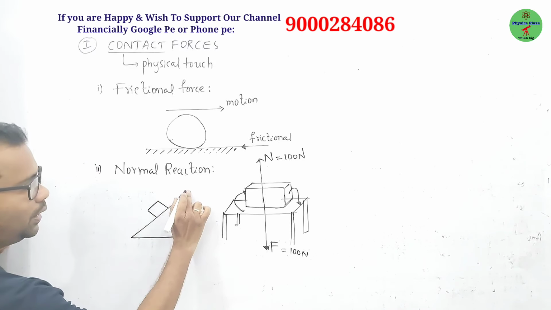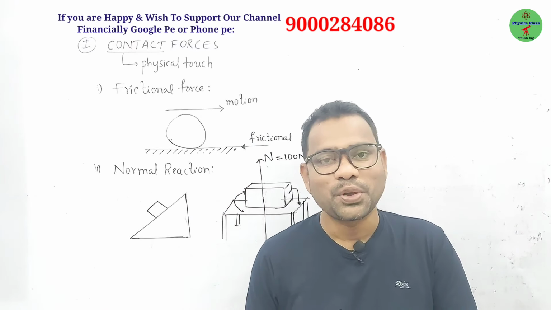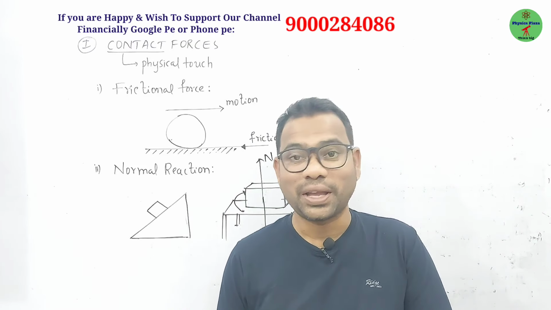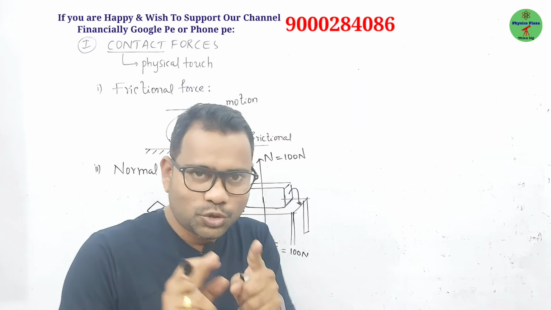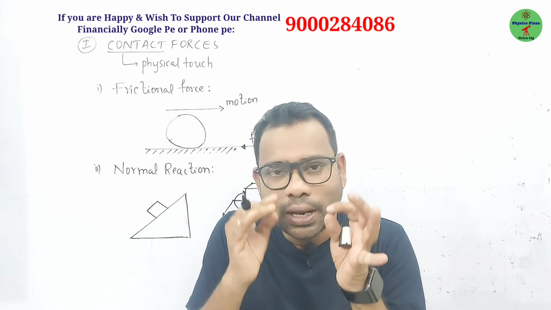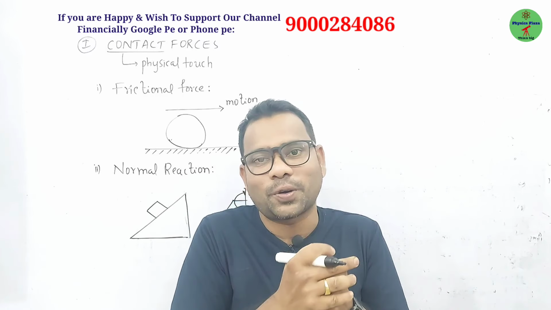Now the task is: in which direction will weight act, and in which direction will normal reaction act? Just try to put it on paper, and then I am going to explain. Compare, and then tell whether you got it right or wrong.